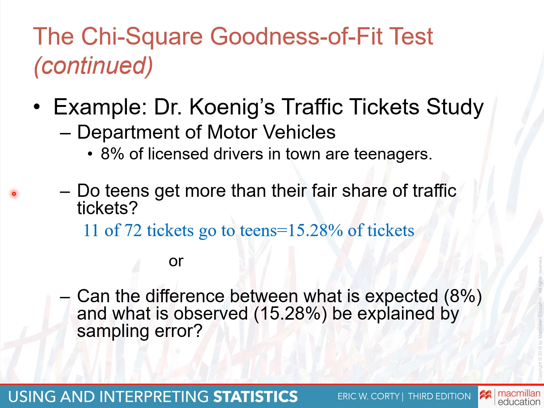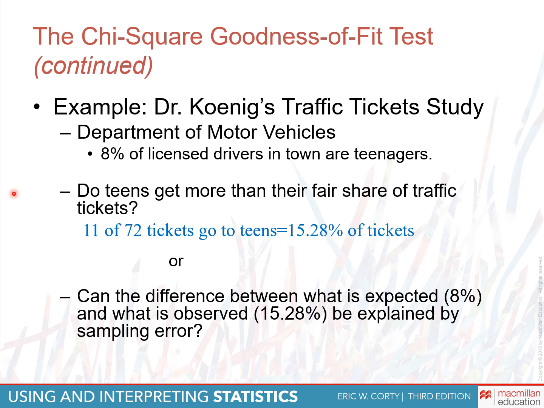All right, and then after that, we want to know whether or not that sample lines up with what's expected in the population. So we get data from the Department of Motor Vehicles. In Michigan, it would be the Secretary of State. And we find out that about 8% of licensed drivers in this town are teenagers.